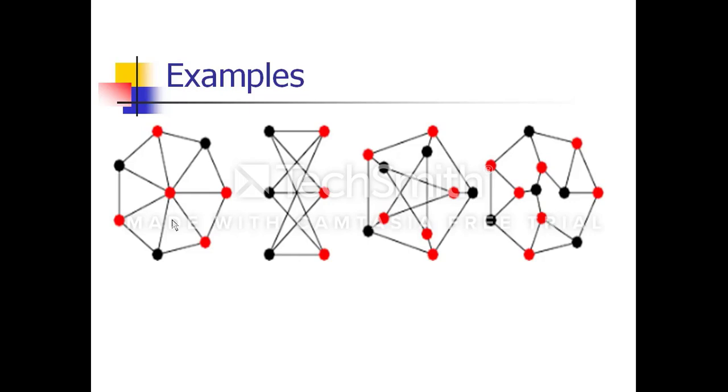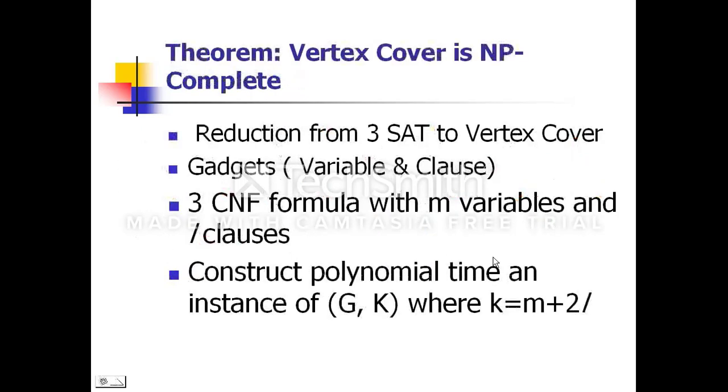Those 5 vertices are covering all the edges present in the graph. In the second graph you can see that out of 6 vertices, a total of 3 vertices are present in the vertex cover, which is covering all the edges in the graph. Similarly for the next two graphs.